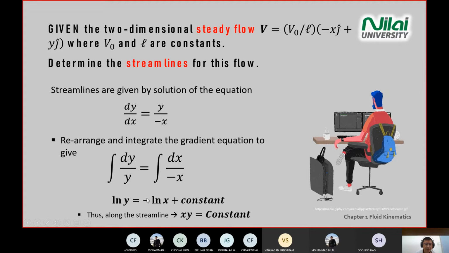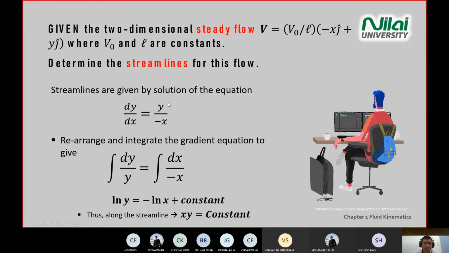If you don't understand the transformation from here to here, or you're lost, you need to polish up your advanced mathematics in integration. So we have xy equal to constant. Constant means it is either 0 or has a value: 0, 1, 2, until any given number.